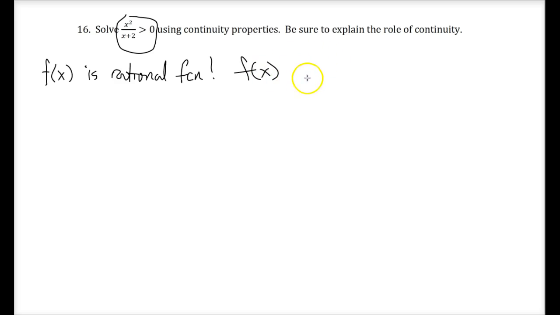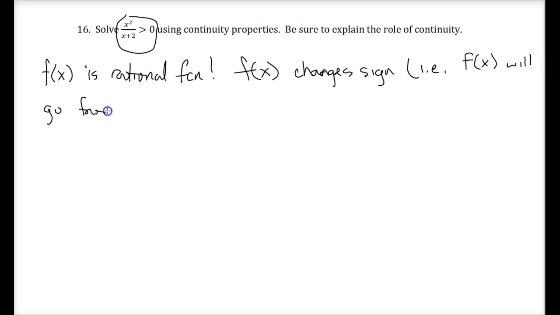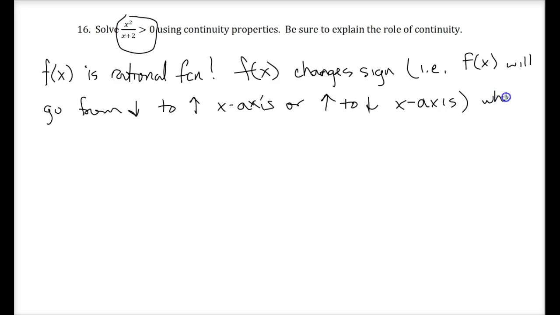So we want to say f of x changes sign, and that is to say f of x will go from below to above the x-axis, or above to below the x-axis when, and we got 2 situations here.